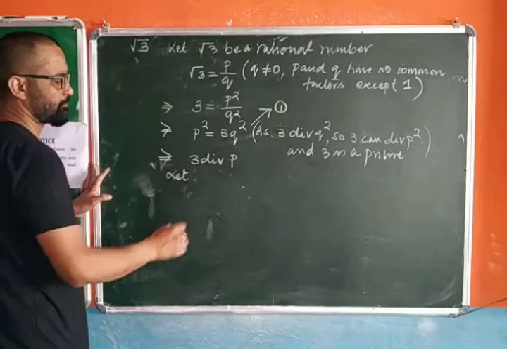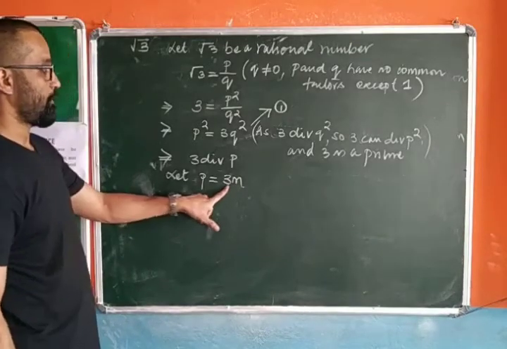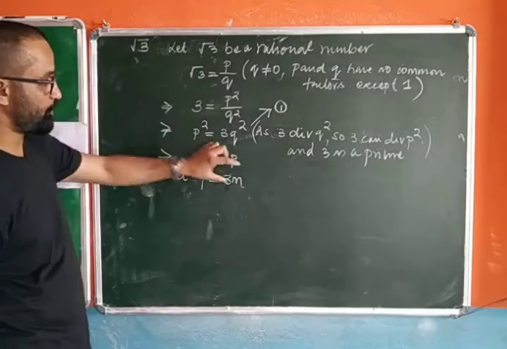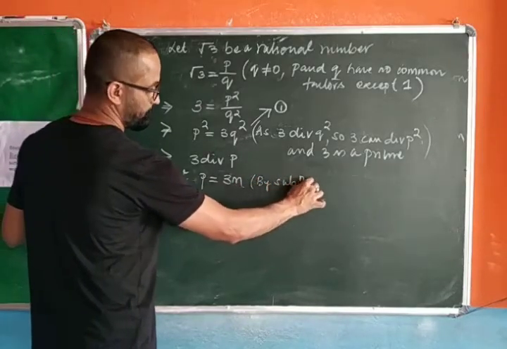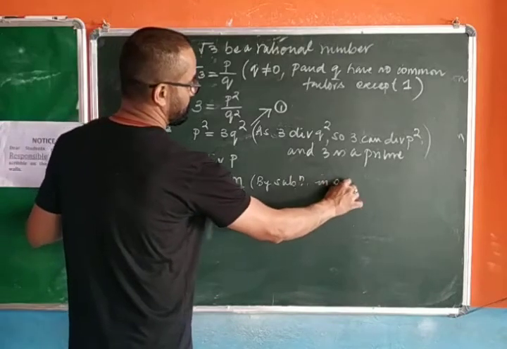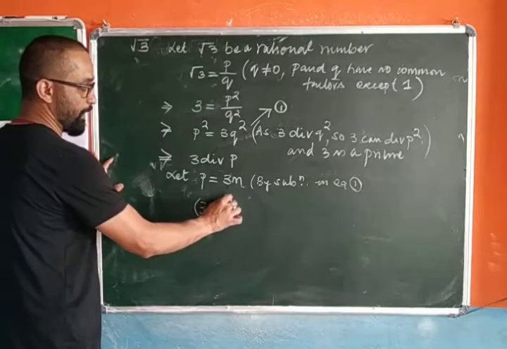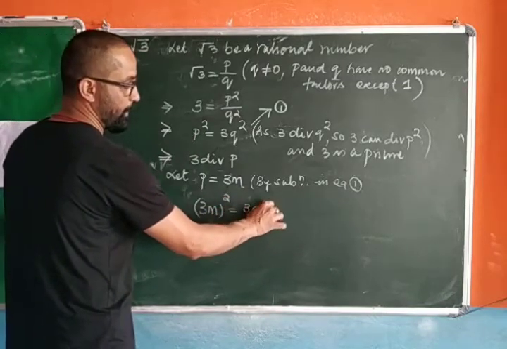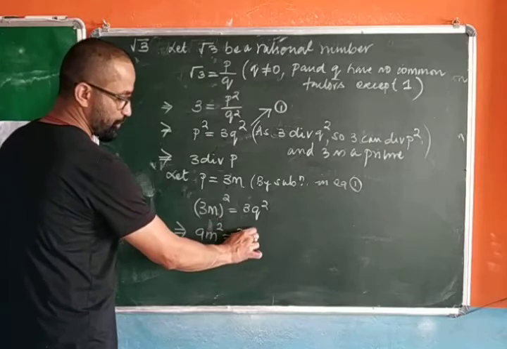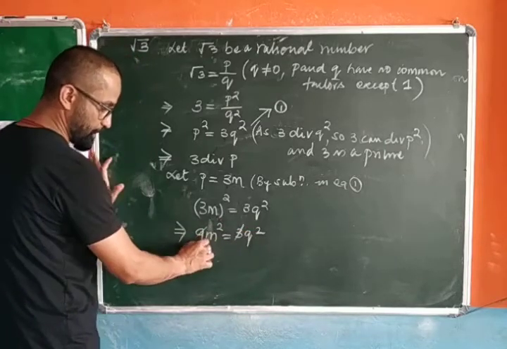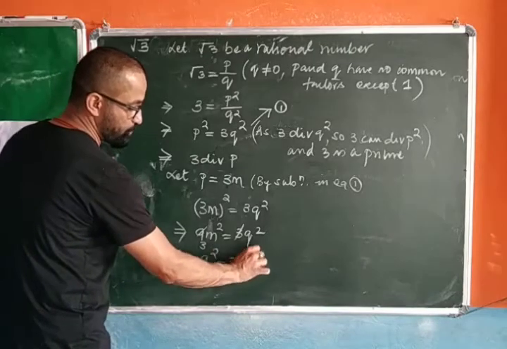Let p be equal to 3n. We have 3 here, so we take it as 3n. By substituting p in equation 1, 3n whole square is equal to 3q square. It is 9n square is equal to 3q square. We cancel 3 and get q square is equal to 3n square.